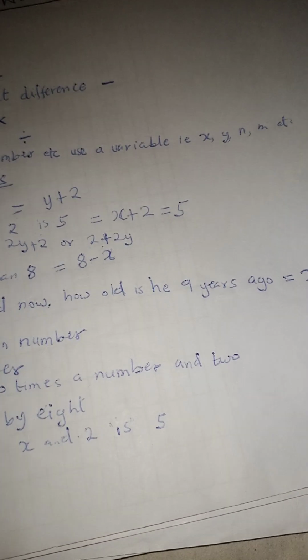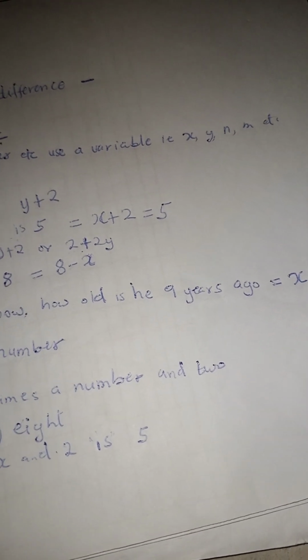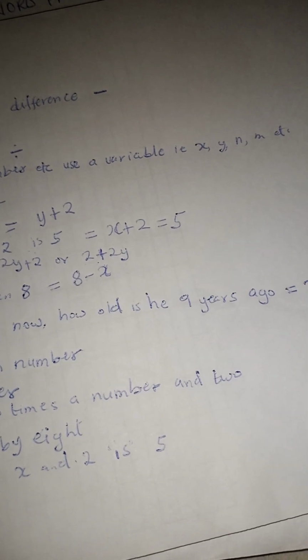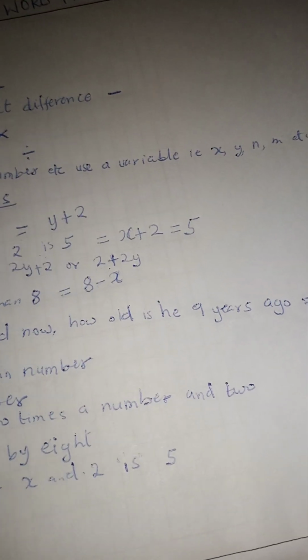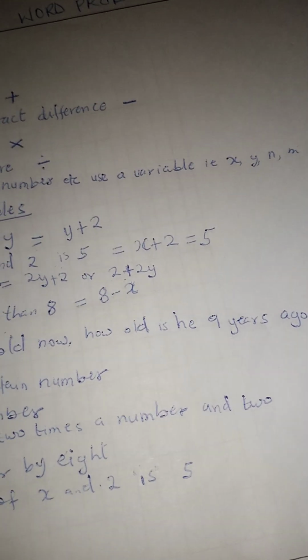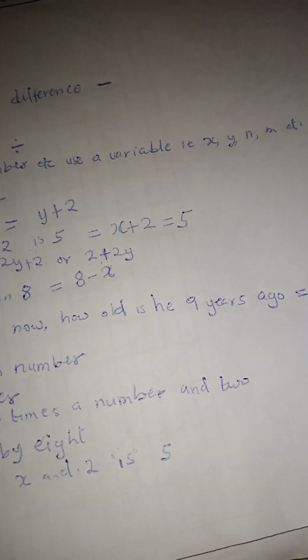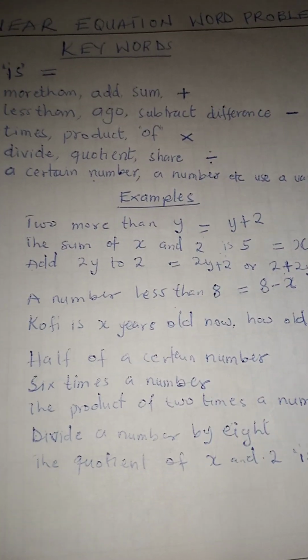How old is he 9 years ago? So minus 9; ago is minus, backdating. Are you with me? So you have to subtract the age he was from the age now. So x minus 9, right? Good. All right, so let's move on to the next one.